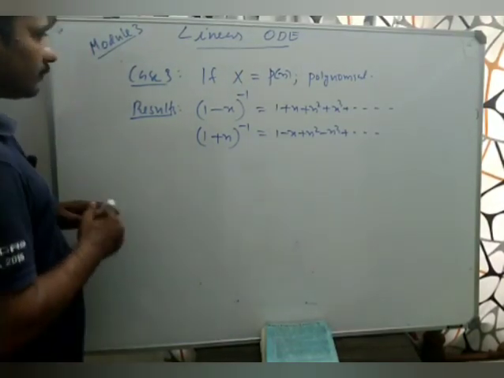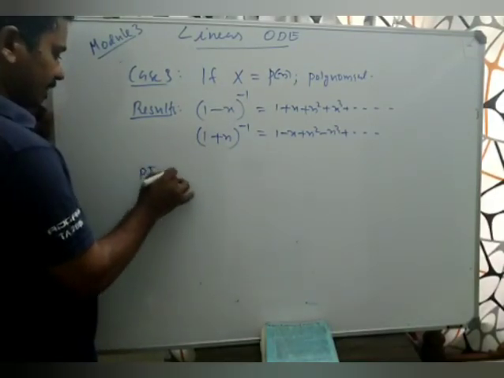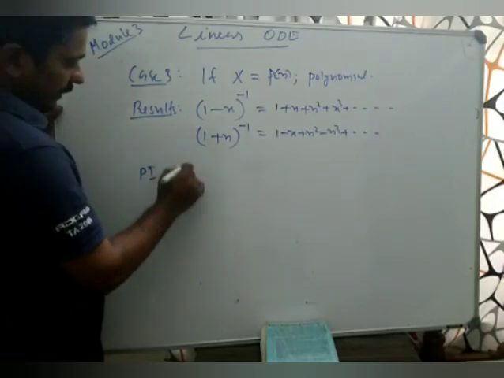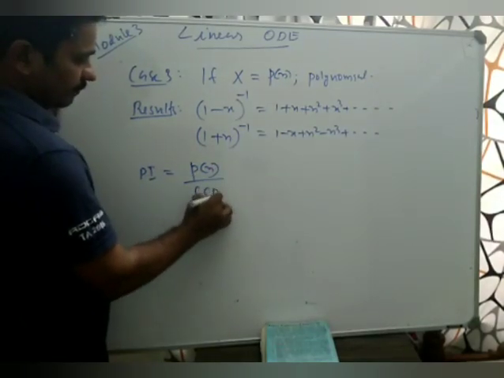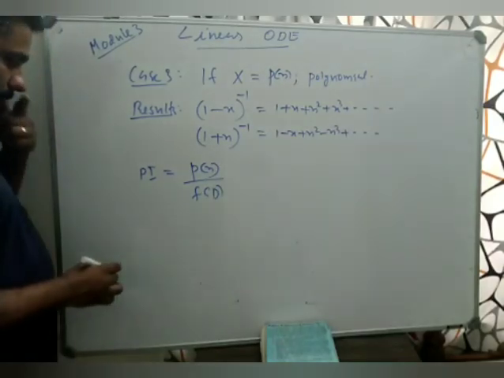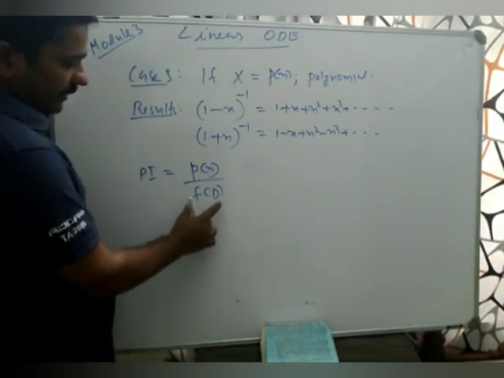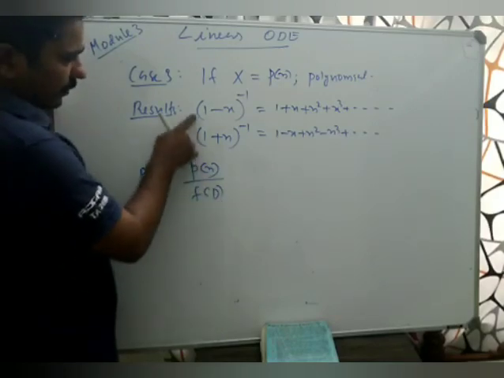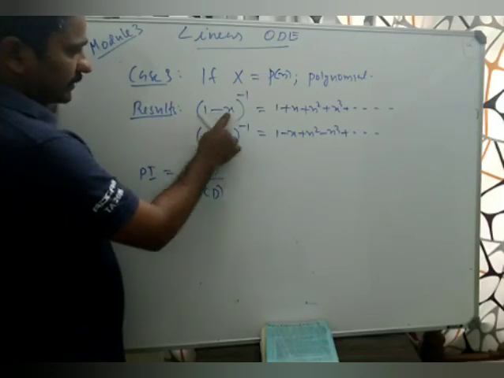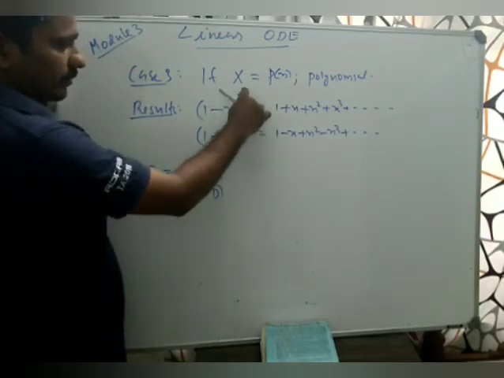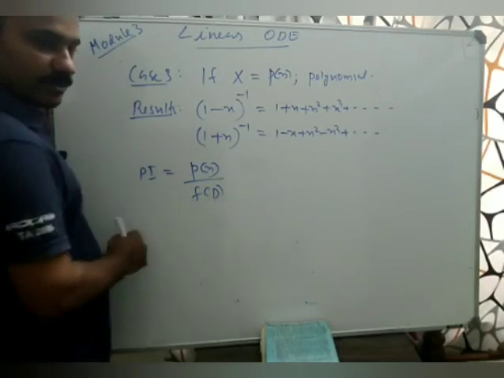Okay, now here to find the particular integral, again we write this as p of x over f of d. Now what we do is we write this f of d as one of these two forms. Either we write this as some 1 plus some function of d to the power minus 1, or 1 minus some function of d to the power minus 1.